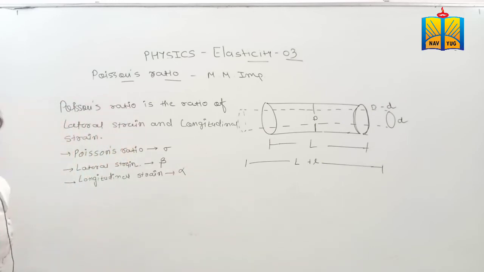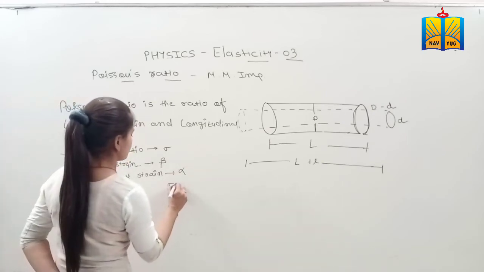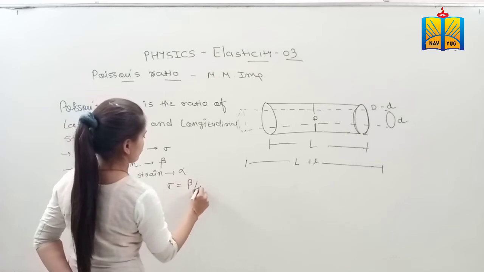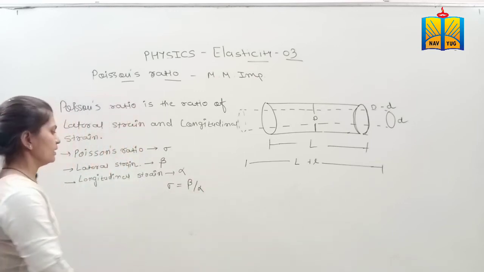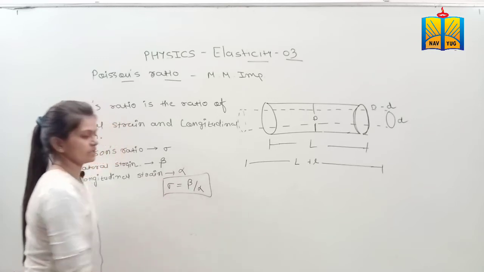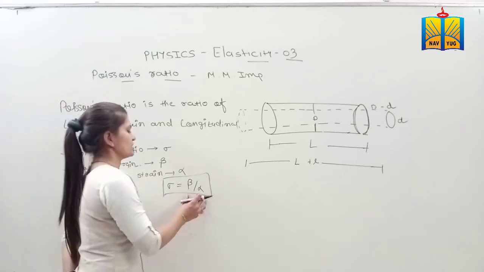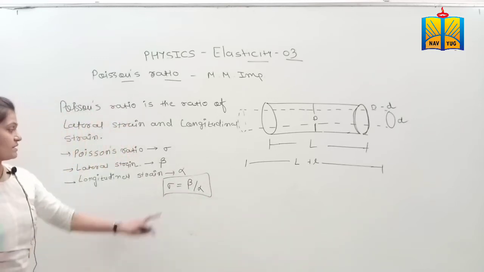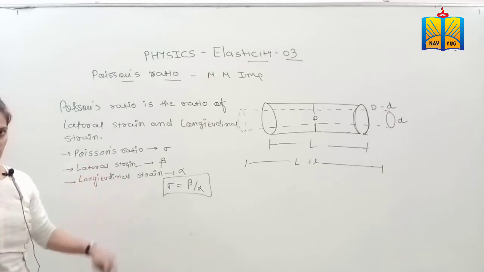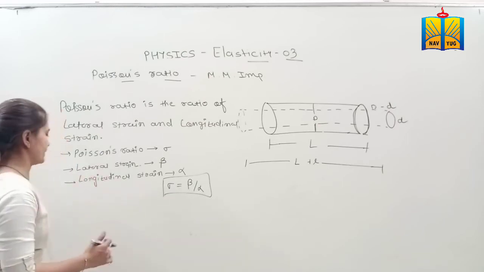Okay, so as per the definition we can say that sigma is equal to beta upon alpha. Okay, this is the equation of Poisson's ratio. Sigma is equal to beta upon alpha, where beta is lateral strain. Now what is lateral strain?